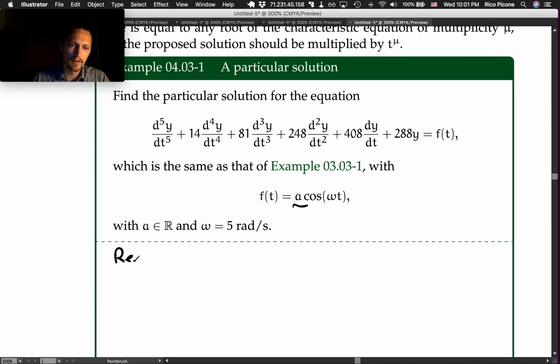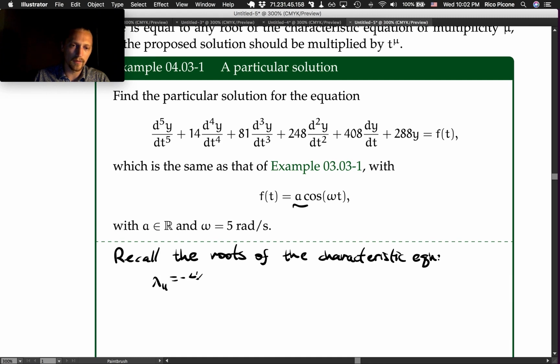So recall the roots of the characteristic equation. We had lambda 1,1, we called it, equals -4. We have lambda 2,1 and lambda 2,2 being equal to -3.